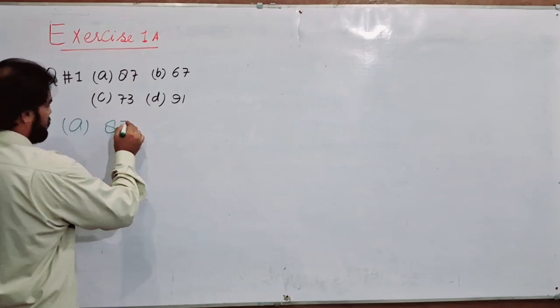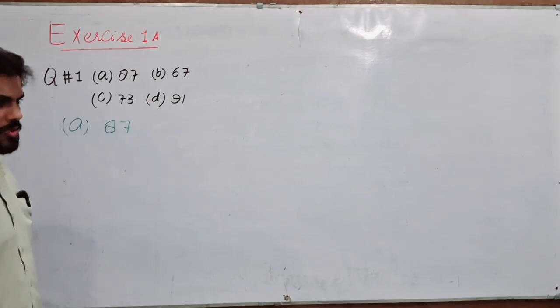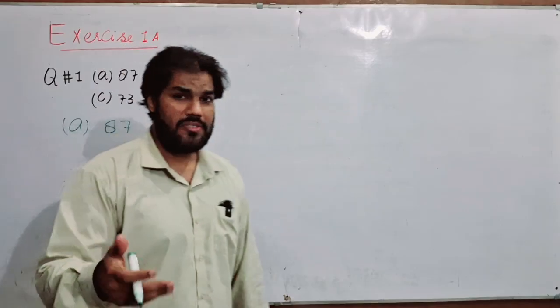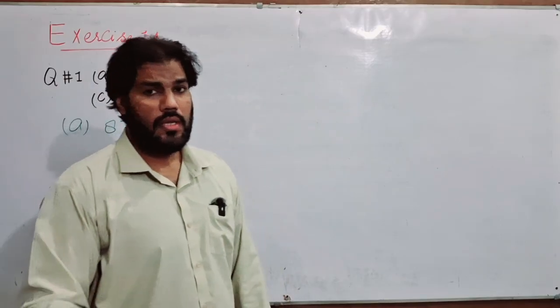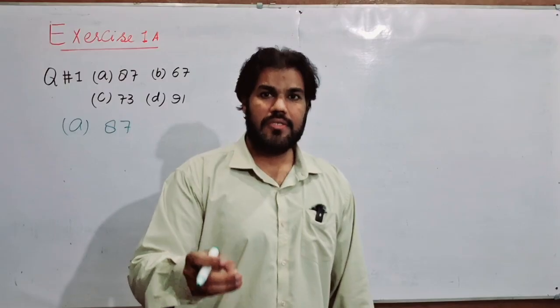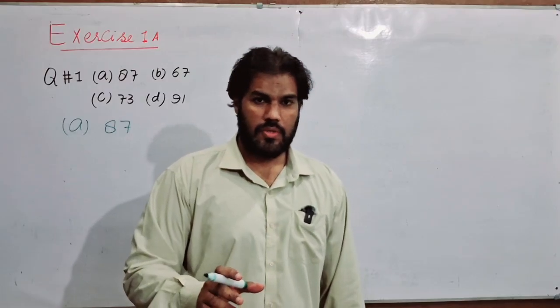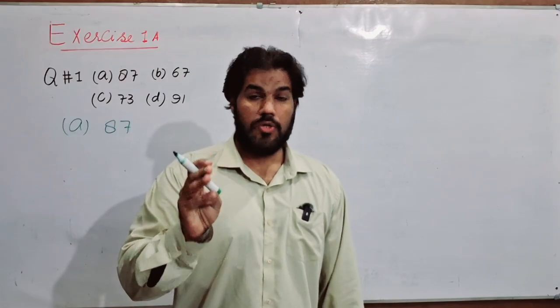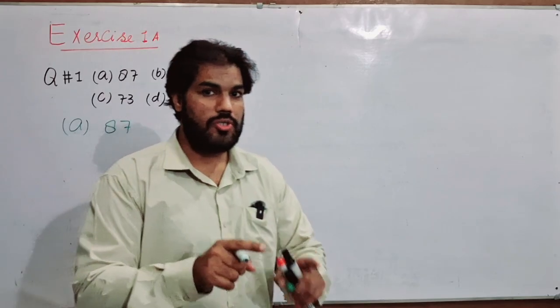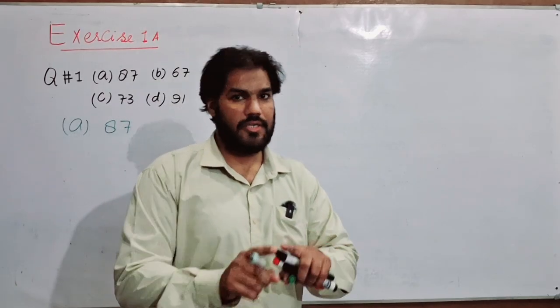87. Clearly this is an odd number, so it is not divisible by 2. How can we define a prime number? A number is called a prime number if it has only two distinct divisors, one and itself. So if 87 is a prime number, then it should have only two distinct divisors, 1 and 87.